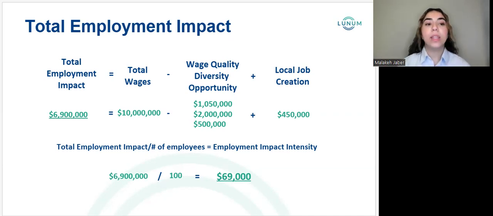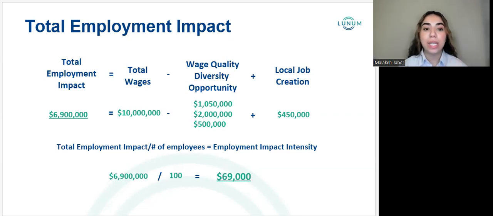So in order to make these figures comparable for all companies, regardless of size, we need to scale these, and that's where we recalculate the employment impact intensity. Think of this as a per capita figure. So we take that 6.9 million, that total employment impact, and we divide that by the total number of employees at the firm. In this instance, that's 100 employees.